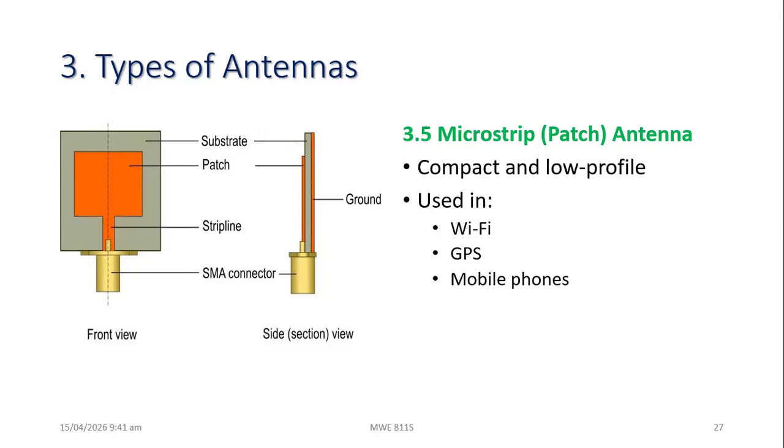The ground will act as the negative, while the patch itself is the one that will act as the positive in terms of capturing the signal. And then you've got a mounting connector there, an SMA connector, that is used basically to connect this. Like I said, these are very, very short antennas, very advanced, intended to operate at high frequency in the gigahertz, such as what we see in mobile phones as well as Wi-Fi systems.